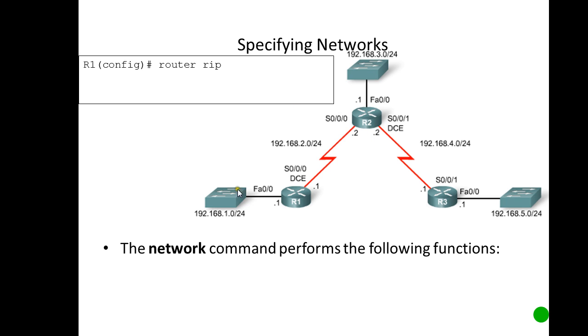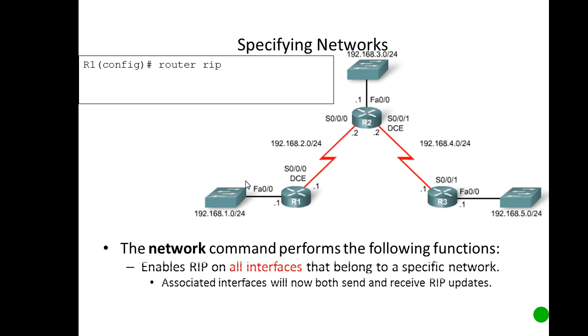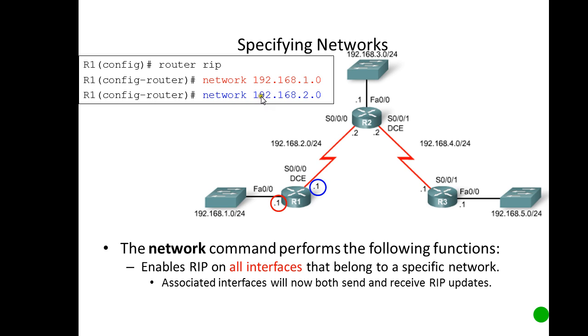So there are two networks. That's why you have to say network 192.168.1.0, and then you have another one here, so we have to say network 192.168.2.0.